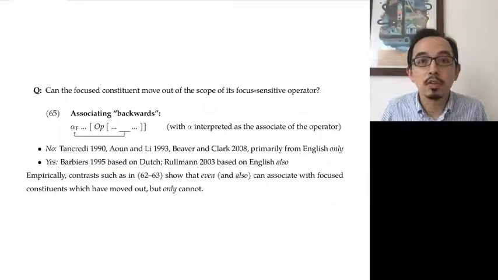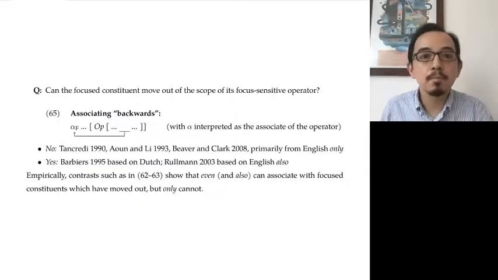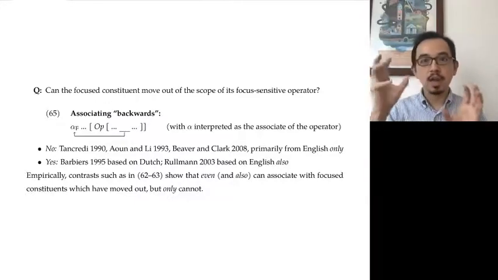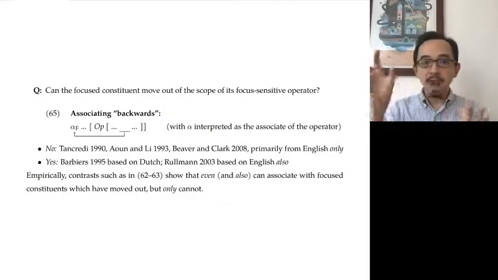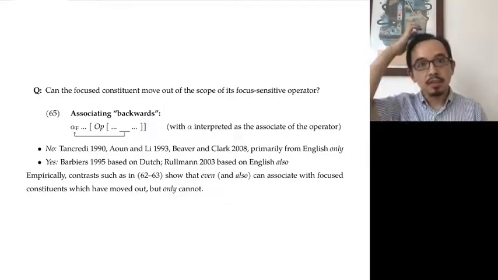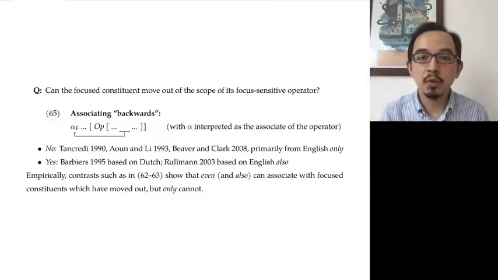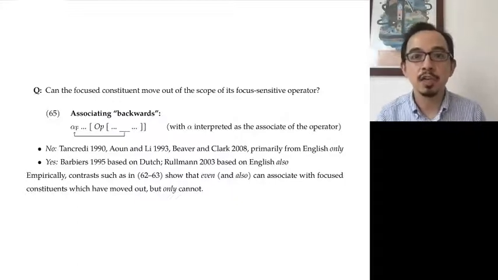So that's a great question. So the sort of approach that I describe here says that basically under the copy theory, if you have these copies, then it's going to just be restricted by what the predicted interpretation is.